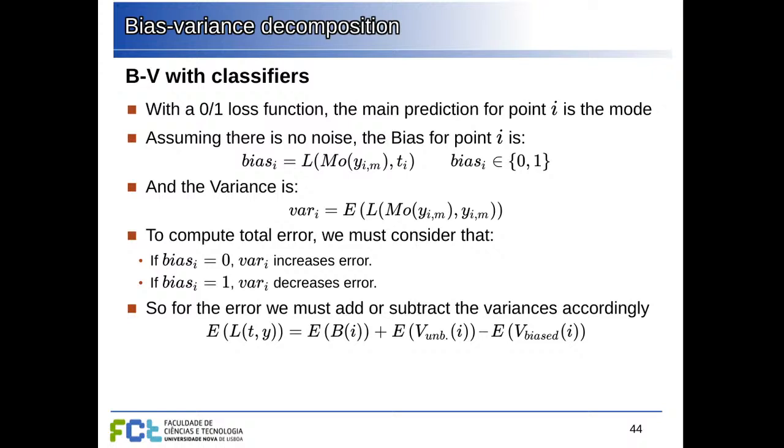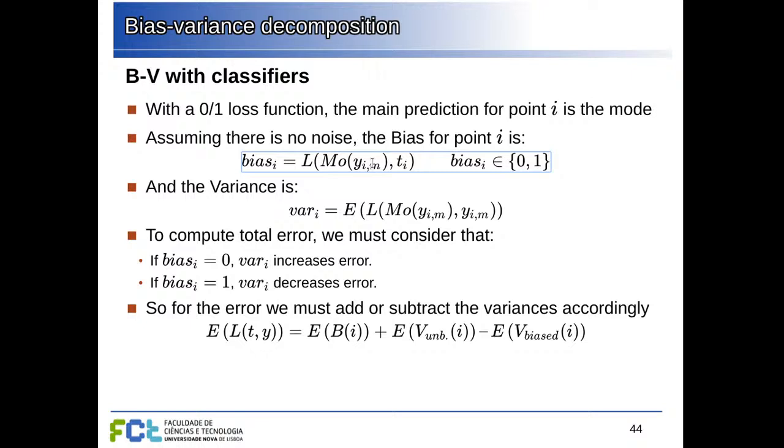So assuming there is no noise, the bias for the point will be this loss function, which tells us 1 if it's making a mistake, 0 if it's hitting it right, and this would be the mode of the predictions. So the mode is the majority vote.